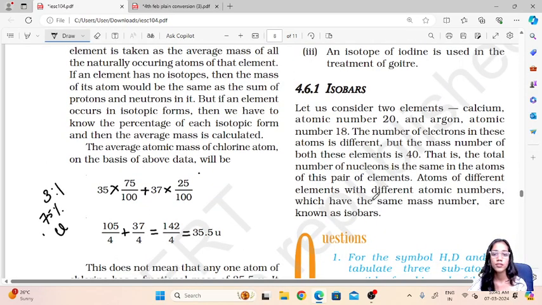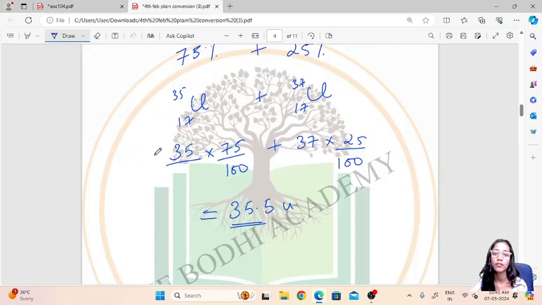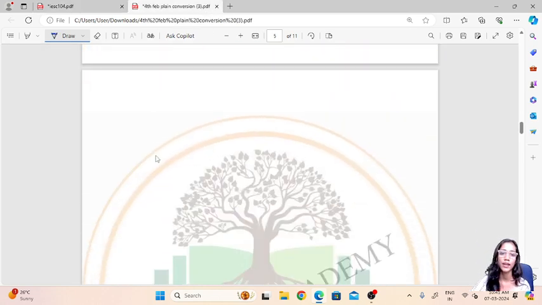Now the last concept in this chapter is isobars. Okay, let us see what are isobars. In this, first you consider two elements, calcium with atomic number 20 and argon with atomic number 18. So over here we have two different elements for isobars, chlorine and argon. Chlorine has an atomic number 18 and argon has an atomic number 20.